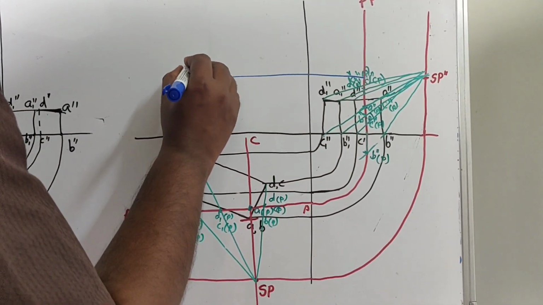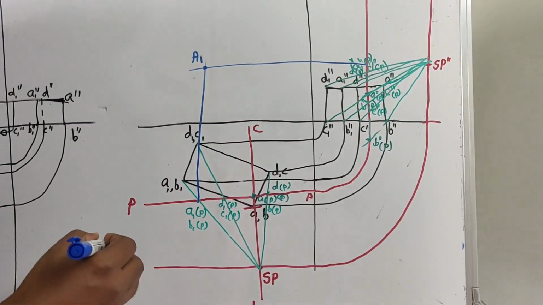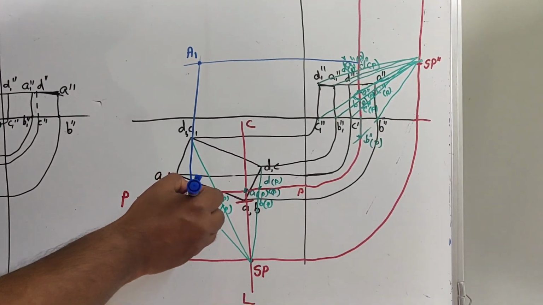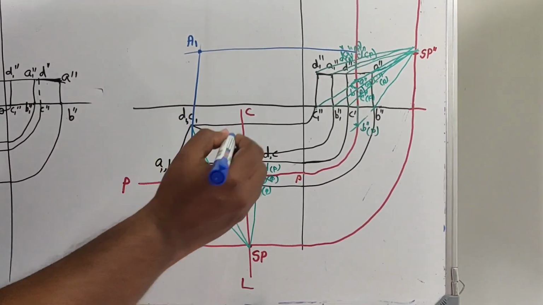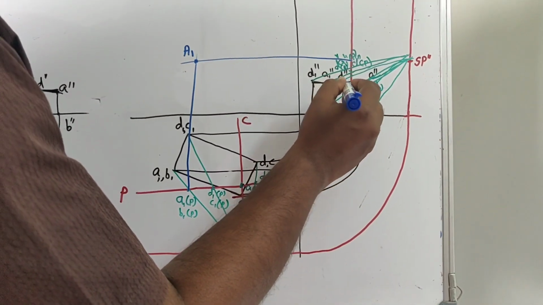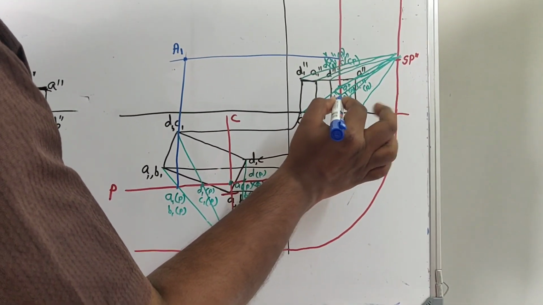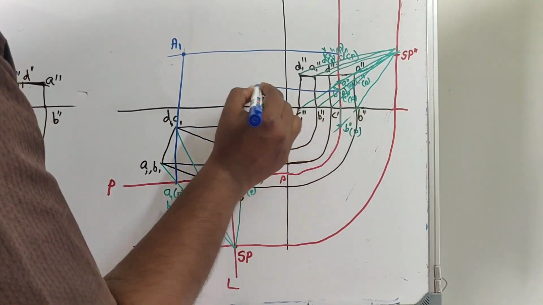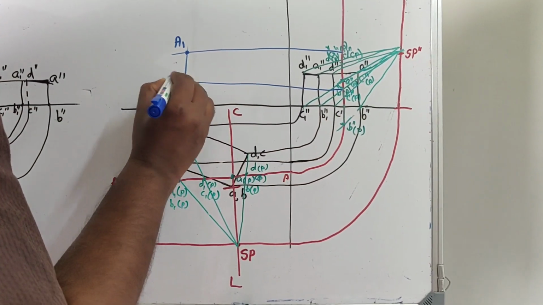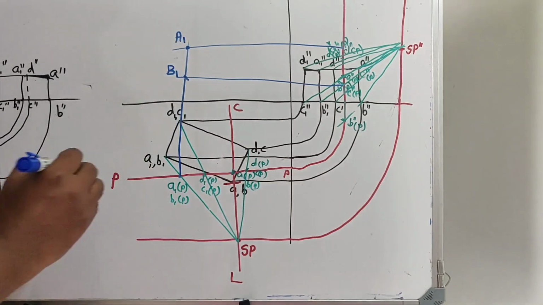So this point corresponds to A1. Okay. Now from here itself you are getting B1. So your point corresponding to B1P will be like this. So this is B1.